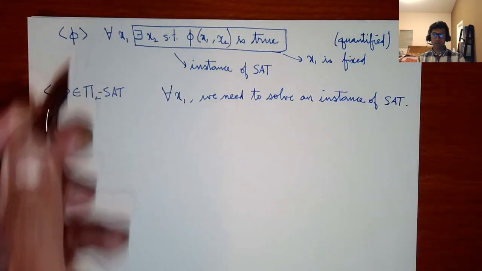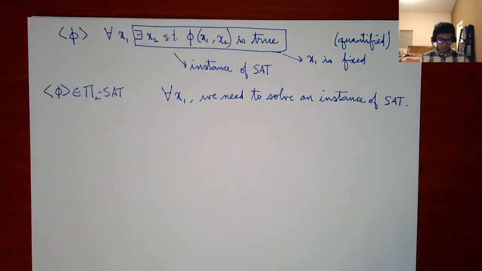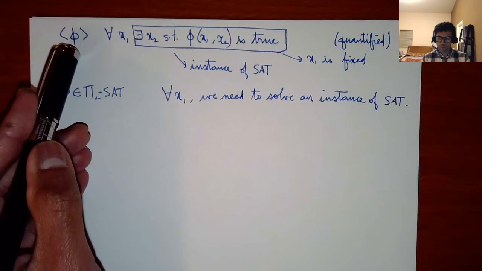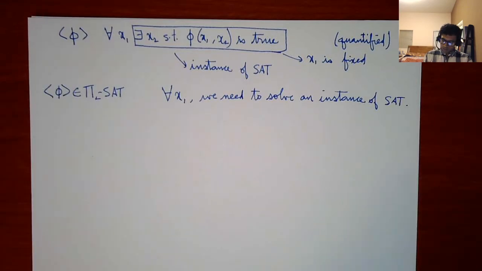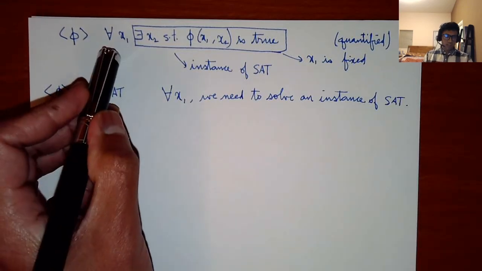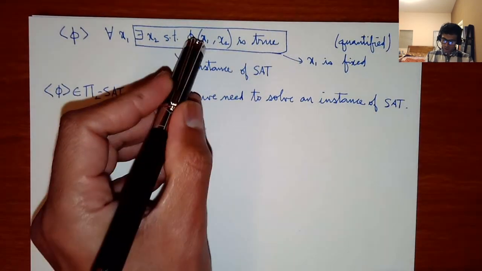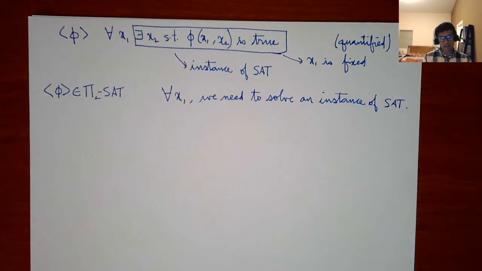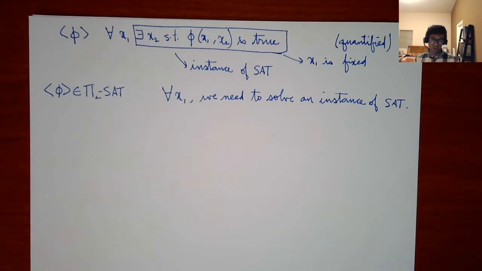So another way to look at this is, suppose you wanted to determine if phi is in pi 2 SAT. What you would need to do is, naively, for all settings of x1, you need to solve SAT. And that's why we think the polynomial hierarchy is harder than NP, because in NP you just need to solve one instance of SAT, and here you need to solve exponentially many instances of SAT. This doesn't give an algorithm, but just as a thought experiment.